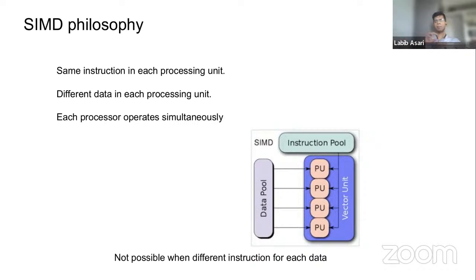What we notice here is that on every single pixel of our image, the operation to be performed is the same, which is the convolution operation. But we have multiple data, millions of pixels, so we have to execute that instruction on millions of pixels. This is where the SIMD philosophy is derived from: when we have the same instruction and different data points on which we have to execute that instruction.